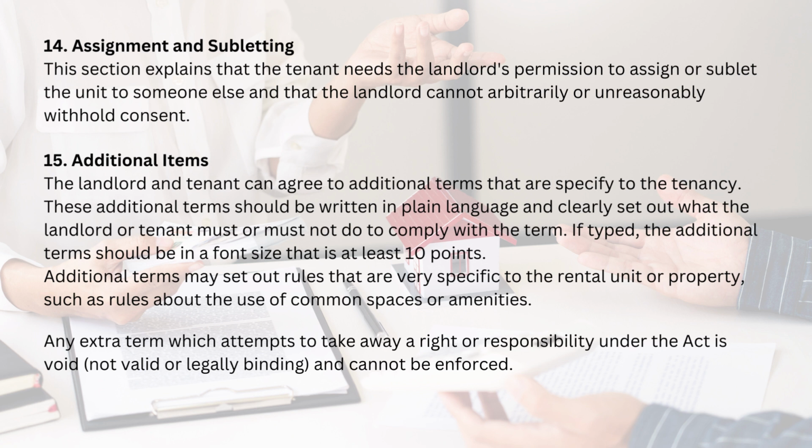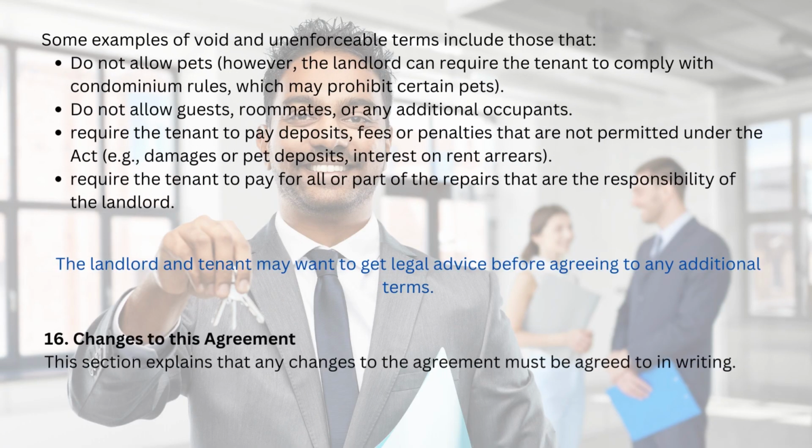Any extra term which attempts to take away a right or responsibility under the Act is void, not valid or legally binding, and cannot be enforced. Some examples of void and unenforceable terms include those that do not allow pets. However, the landlord can require the tenant to comply with condominium rules, which may prohibit certain pets.